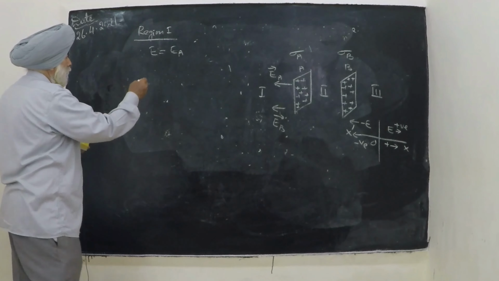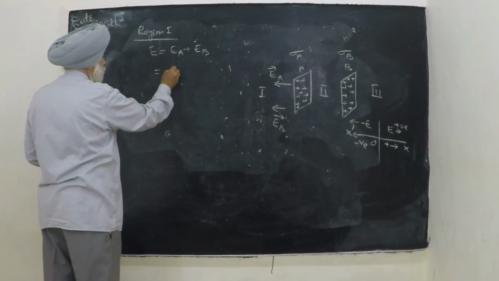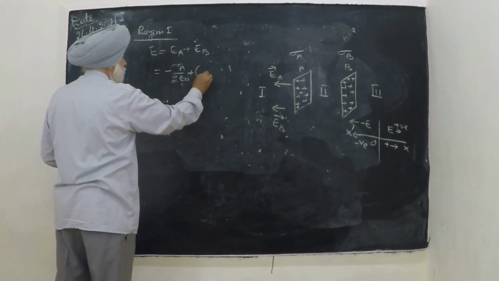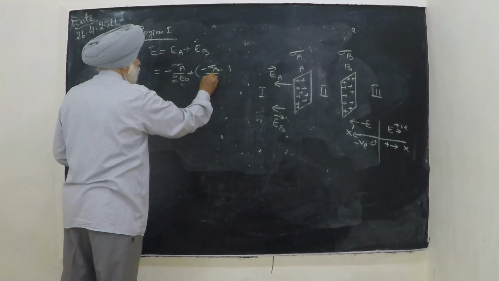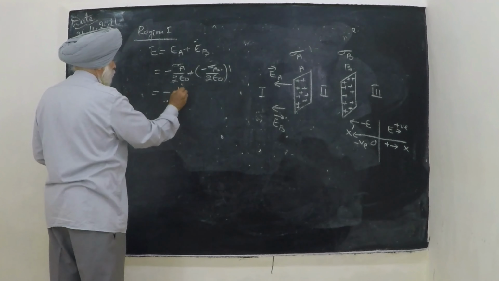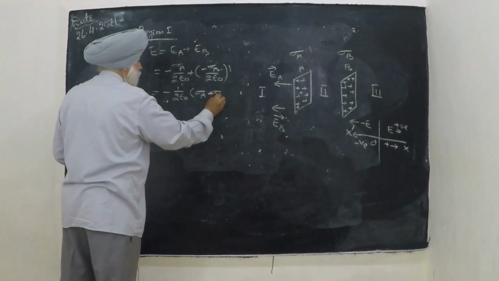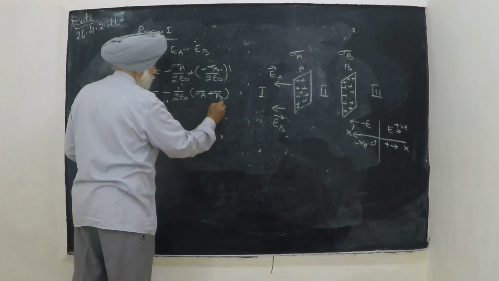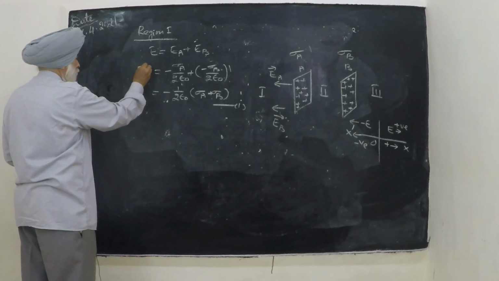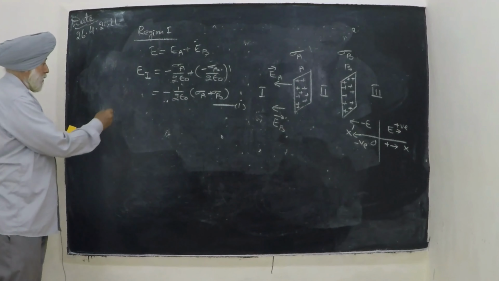So net field will be equal to minus sigma A over 2 epsilon naught plus minus sigma B over 2 epsilon naught, which will be minus 1 over 2 epsilon naught (sigma A plus sigma B). This is the electric field intensity in region 1. Net electric field intensity is given by this.